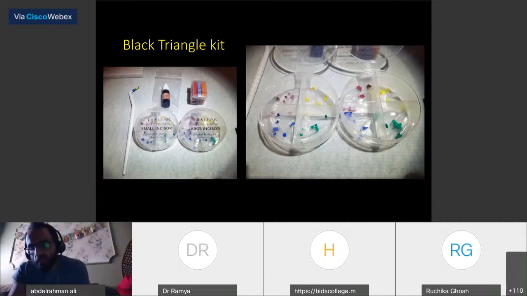Because of the customization thing, they came up with the new matrices. They called it black triangle. It's not only for the black triangle, it's also anatomical contour matrices. We had the pink and we had the green. So they did two colors, one between the pink and green, which is the yellow, and one bigger than the green, which is the blue.